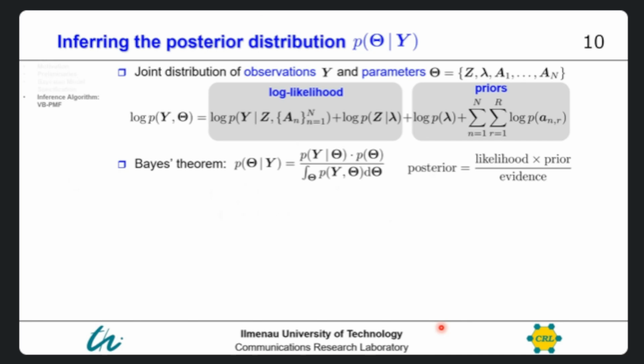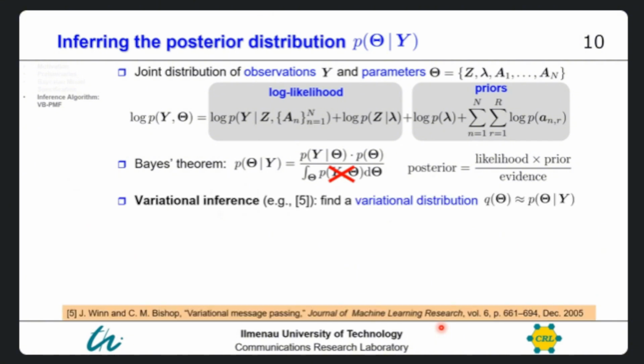And in our case, it's difficult to solve this equation exactly, because in the denominator we have a very high dimensional integral. So what we want to do instead is to approximate this posterior distribution. So we use this well-established technique called variational inference.